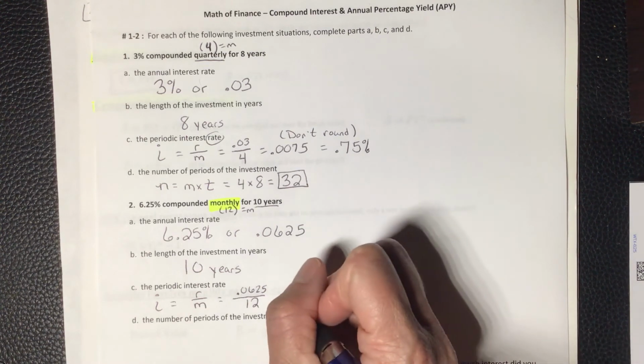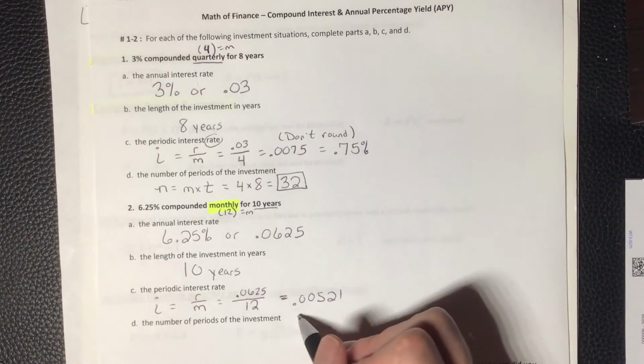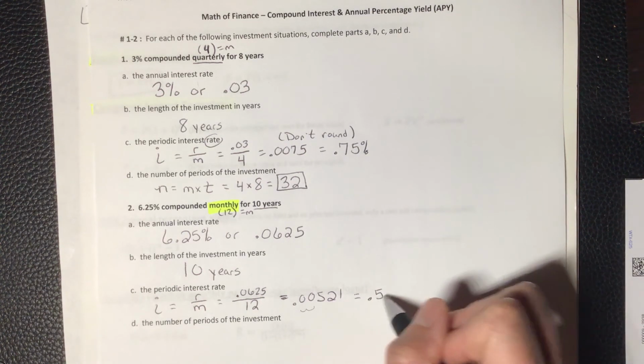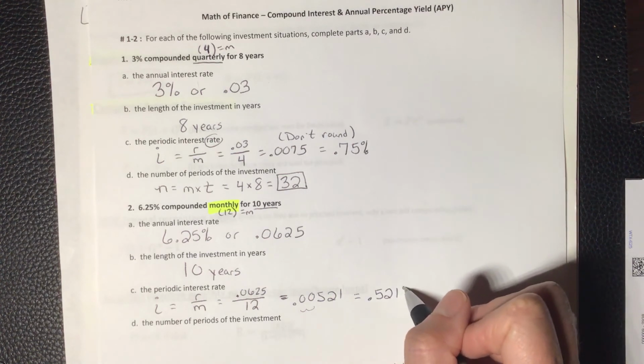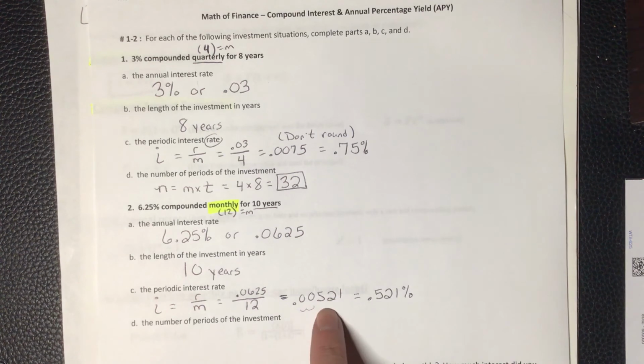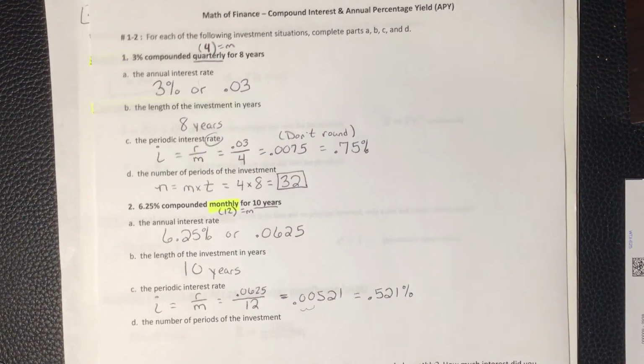So that's going to be 0.00521. And the reason I want to go out a bunch of decimal places is because I am going to change it to a percent. It's going to be 0.521%. You don't want to just knock this down to a couple of decimal places, because if you rounded here, you would end up with 0.01, which would be 1%, and that's not very close to the value you have here.